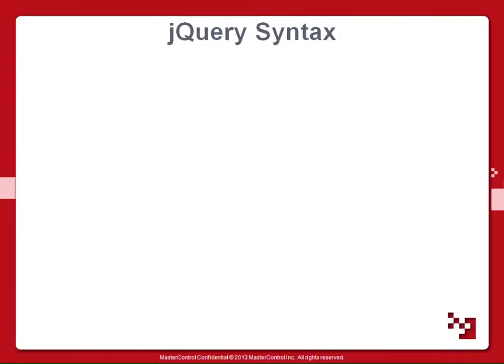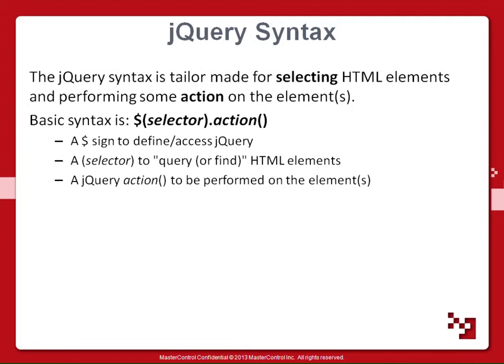Okay, so jQuery syntax. Let's talk a little bit about how we use jQuery within our forms. It's made for selecting HTML elements and then performing some sort of action. Your basic jQuery syntax is to call a dollar sign, and then a selector.